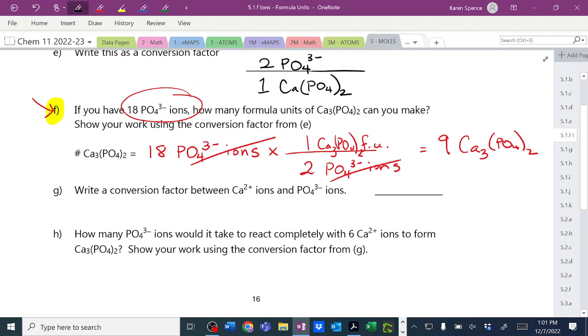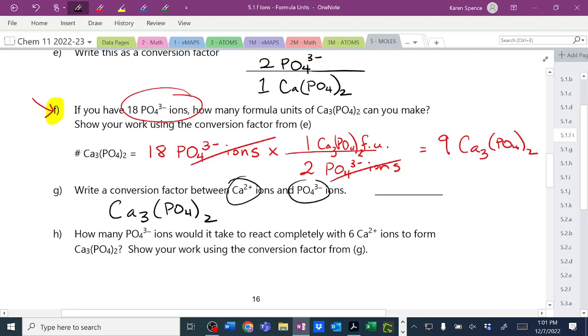What is the conversion between calcium and phosphate in calcium phosphate? Remember, it's still Ca3(PO4)2. How would we write the conversion factor between the 2 different ions? There are 3 calcium for every 2 PO4.